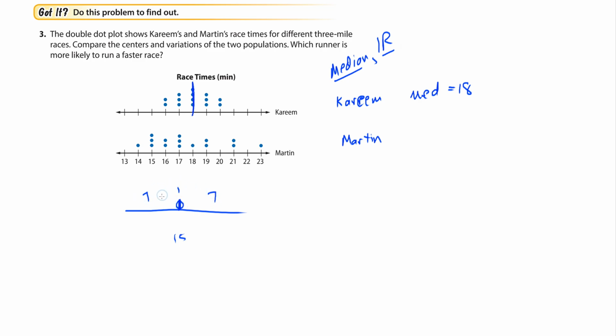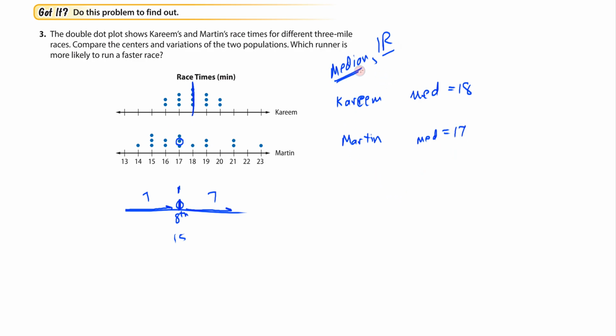That'll make the 15. So this will be the 8th number over. Does that make sense? The first 7 are below it, the last 7 are after it, and there's 1 in the middle. The 8th dot will be the median. So let's count them up. 1, 2, 3, 4, 5, 6, 7, 8. This right here is the median, and it's at 17.